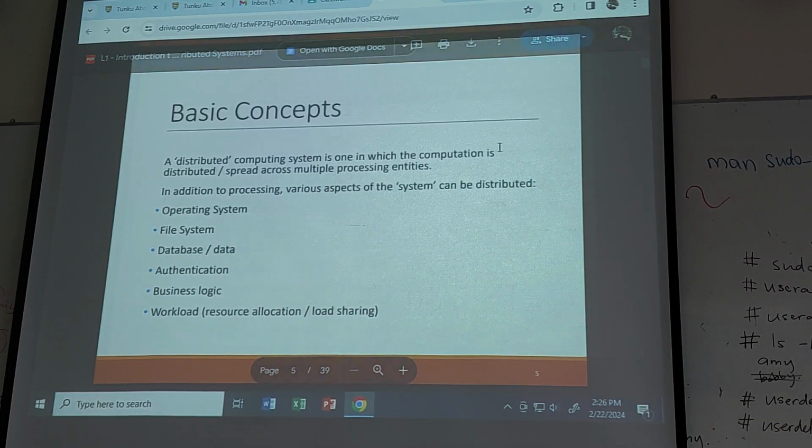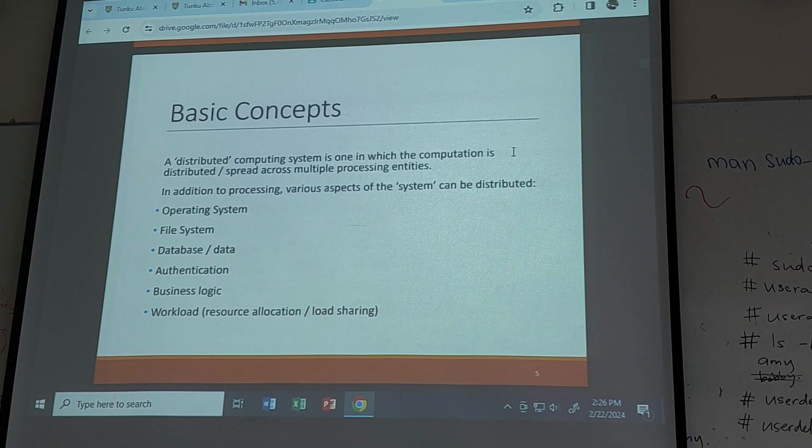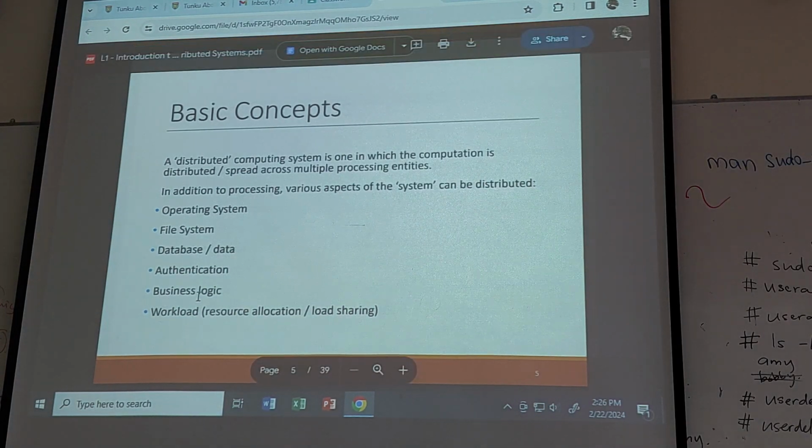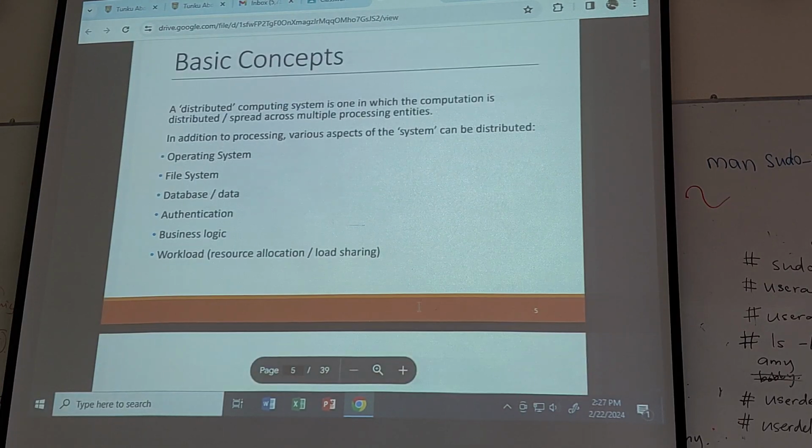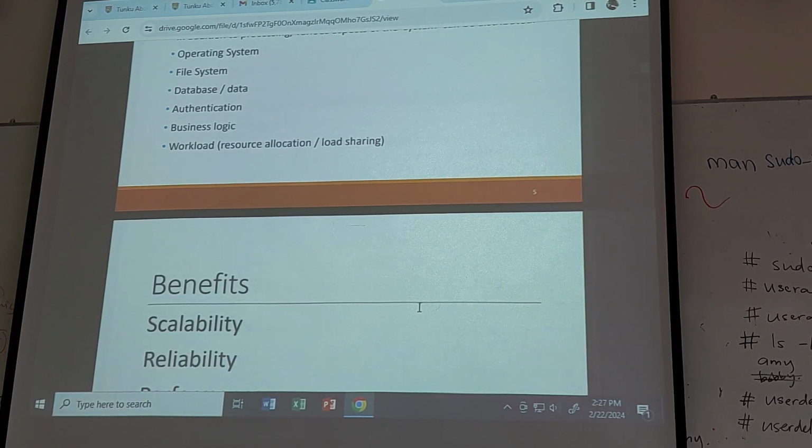The whole idea is to make sure that we can perform the task with the highest performance possible. The last one, workload, is basically the same as the business logic. Basically the processing, except that this one is doing maybe some processing to clean your database or add into your database. So this also will have a heavy workload, and it is suitable for distributed systems.